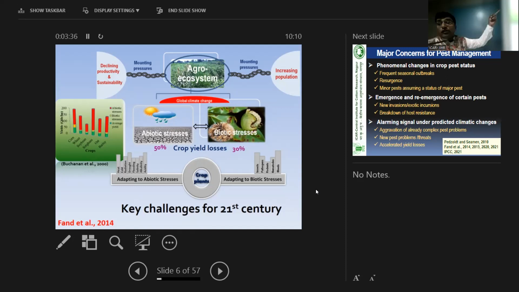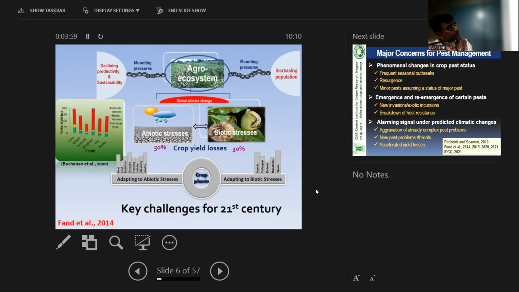If we consider all the losses in agricultural commodities as 100%, then 80% are accounted for together by abiotic and biotic stresses. So the key challenge for the 21st century is adaptation to these stresses.